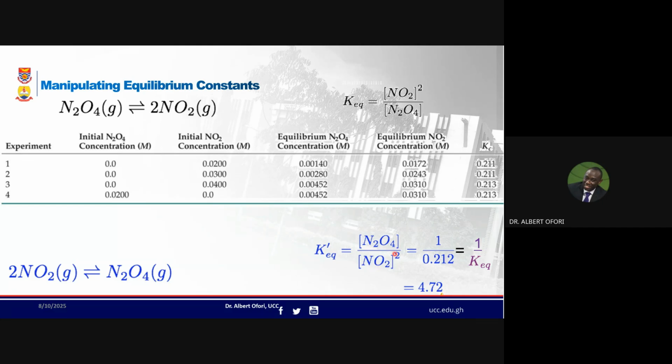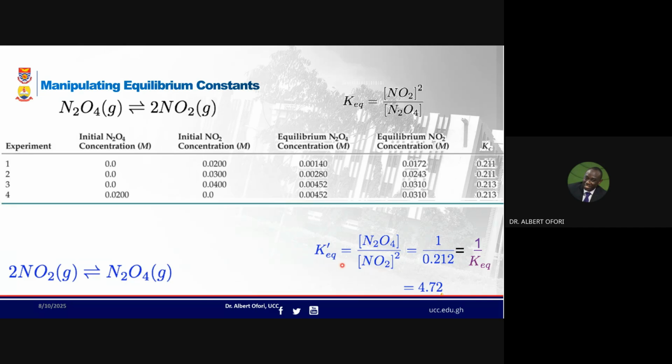If you do the calculation, you're going to get 4.72. Now, if you compare 4.72 to 1 over the original value, it is just the same. So basically, if I reverse the equation, the new constant is the same as 1 over the original. Is that established?